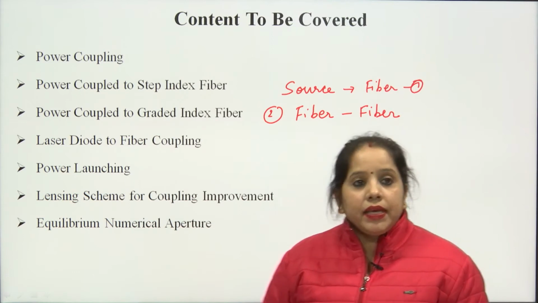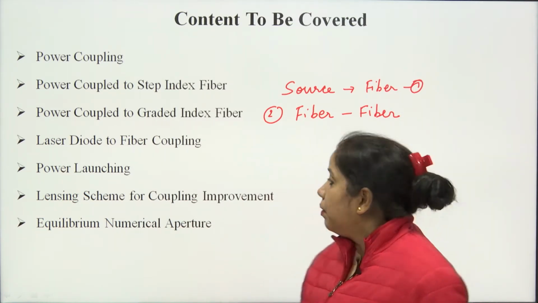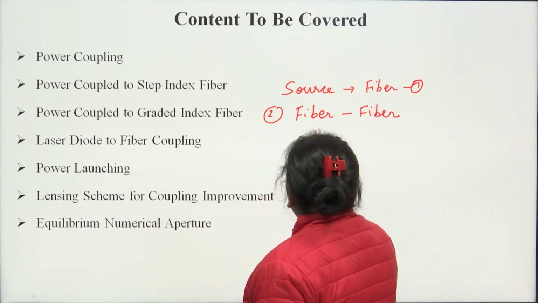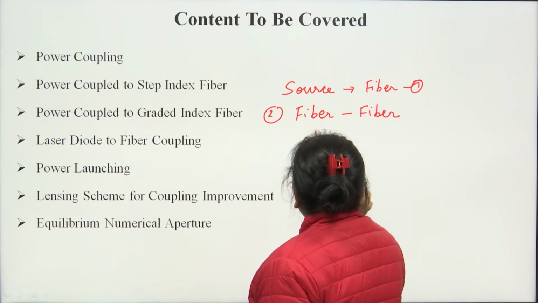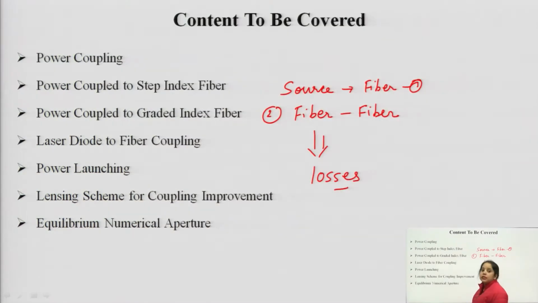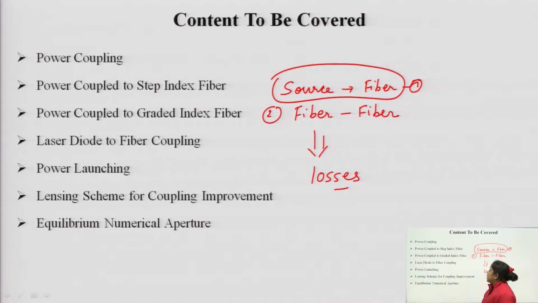These two couplings are important because they lead to losses if coupling is not done in a proper way. So, in this part we are going to study the source to fiber coupling, and also power coupled to step index fiber and power coupled to graded index fiber.